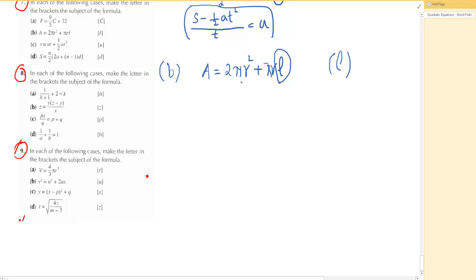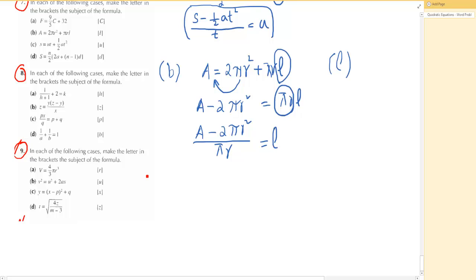So I told you whatever is plus minus, shift that first. Now shift this which is multiplying with this. It will be in division. So here L is the subject.